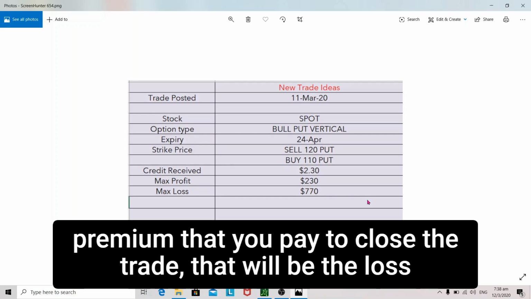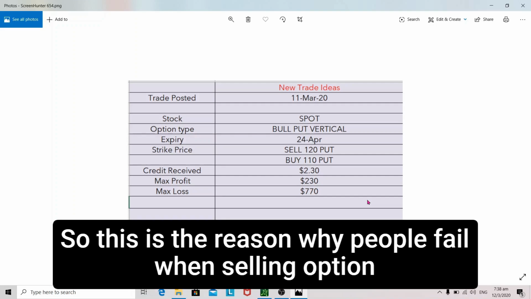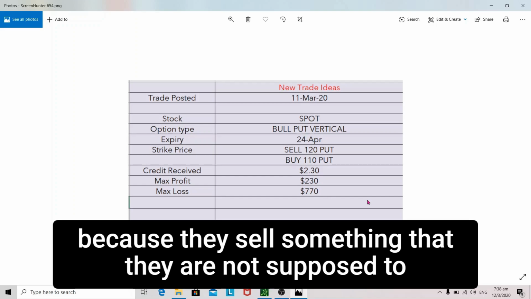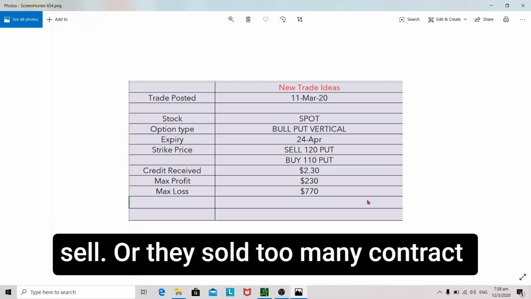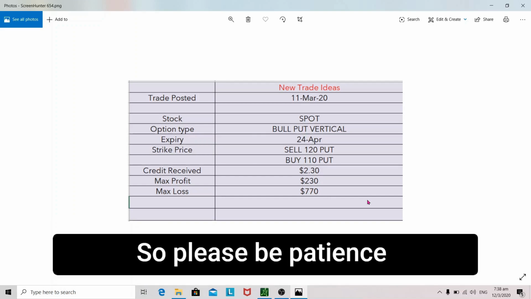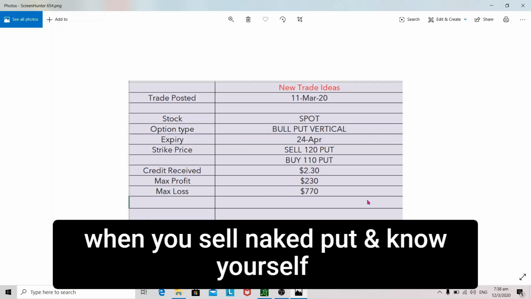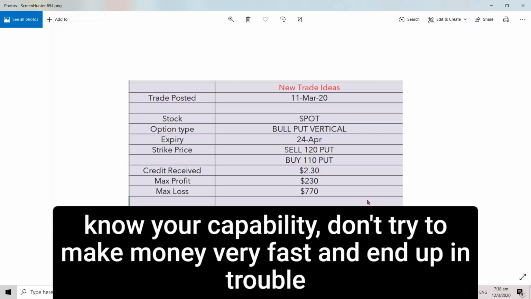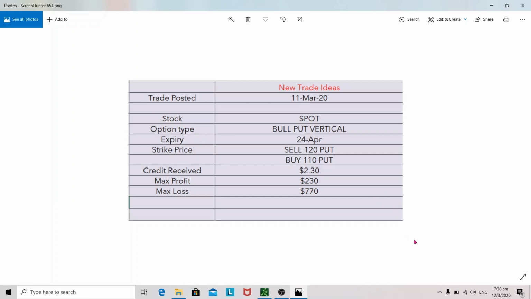This is the reason why people fail when selling options: they sell something they are not supposed to sell, or they sell too many contracts. So please be patient when you sell a naked put. Know yourself, know your capacity. Don't try to make money very fast and end up in trouble.